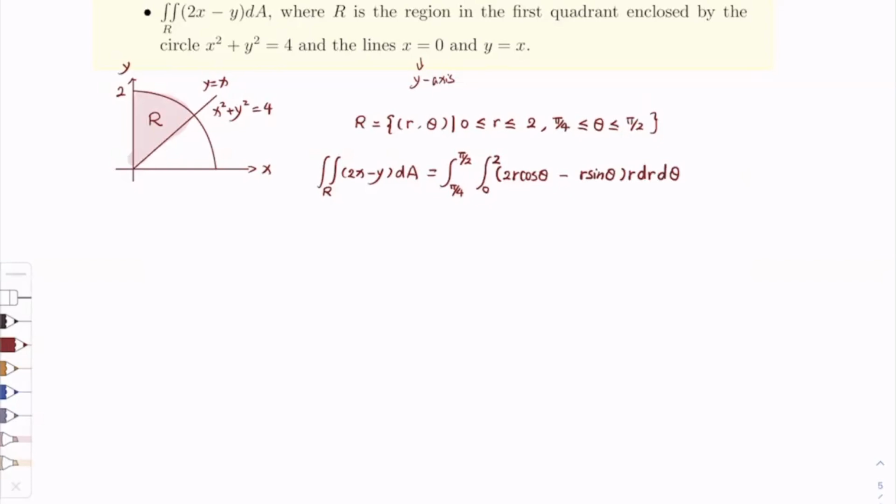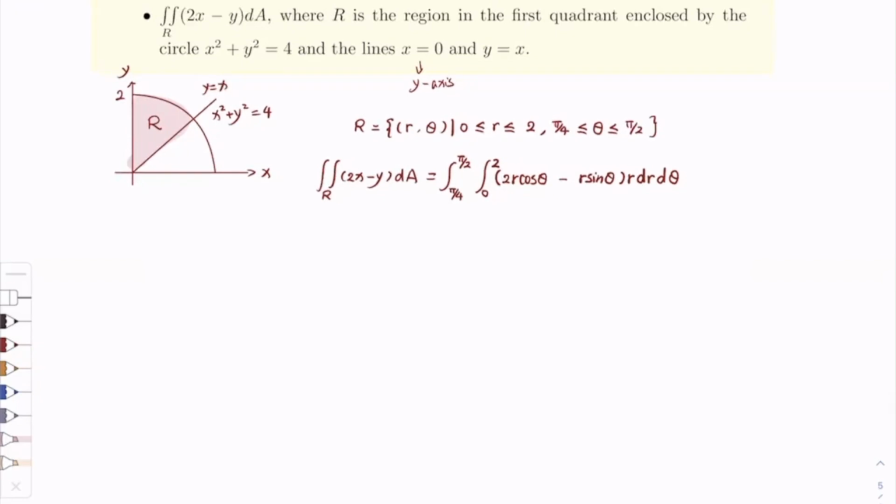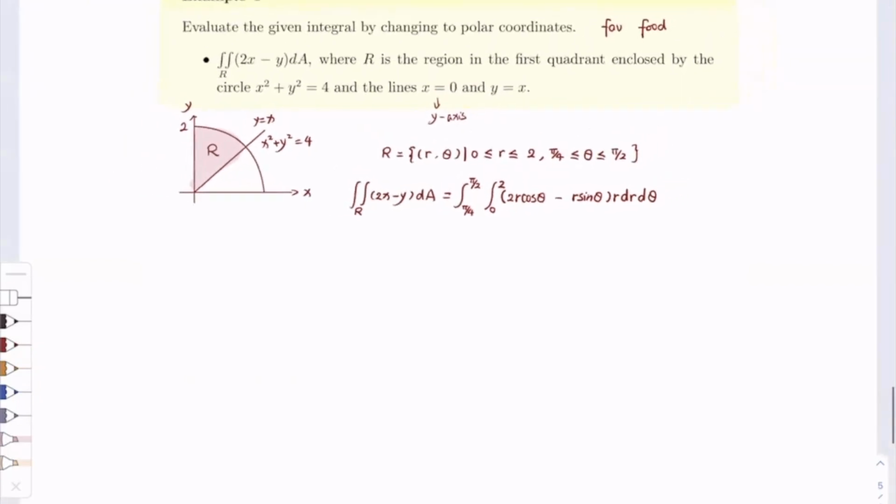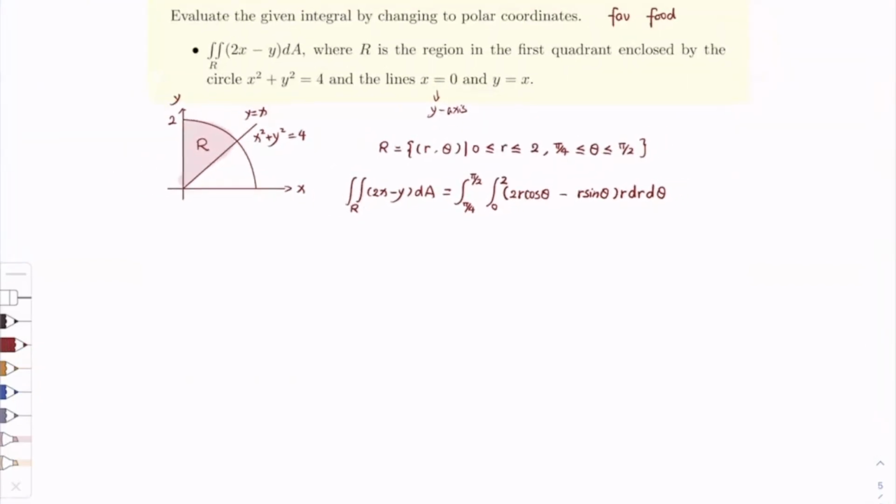Now you can take out r, so that's going to be 2 cosine theta minus sine theta times r squared. So that's a function of theta multiplied by a function of r. So you can split them out.